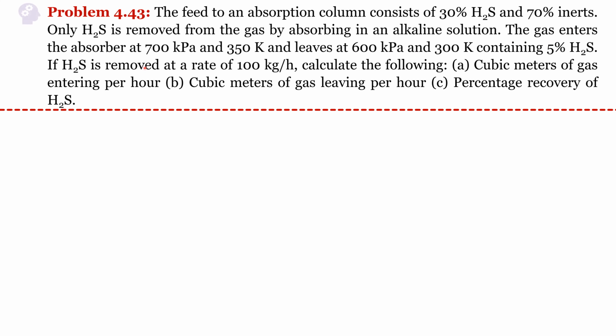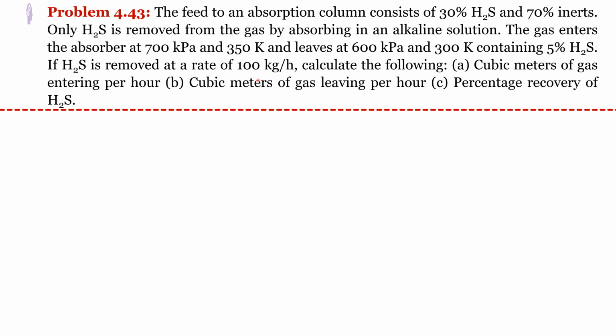The gas enters the absorber at a particular pressure and temperature and leaves at a particular temperature and pressure, containing 5% H2S. And further it is given that if H2S is removed at a rate of 100 kg per hour, calculate the following. So one thing is mentioned, that H2S is removed at a rate of 100 kg per hour.